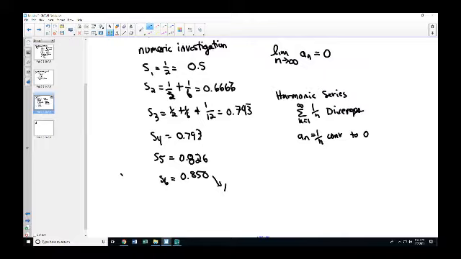Remember we talked about converses and inverses and contrapositives? If a sequence converges to 0, it does not mean that the series converges. That's the example that blows that whole thing up. It's called a counterexample.